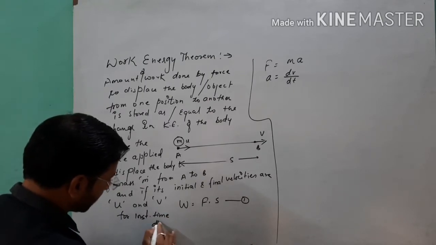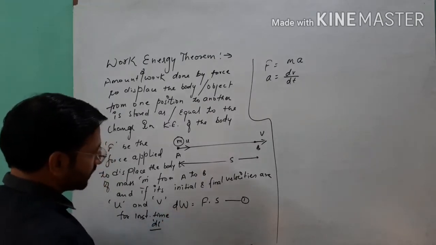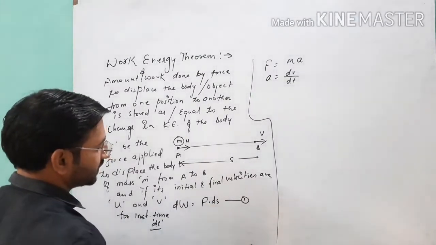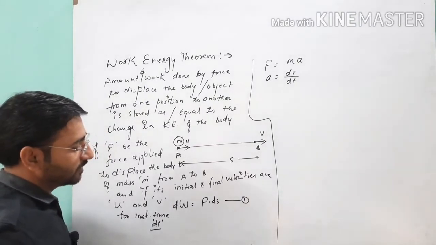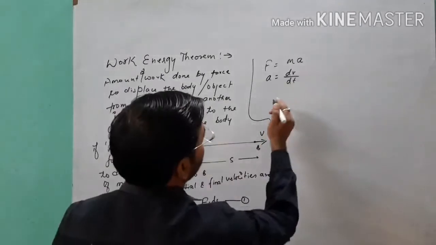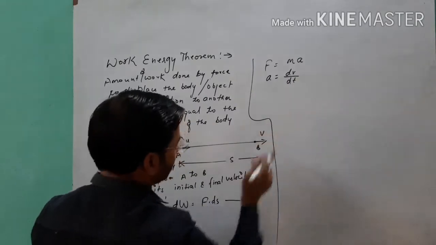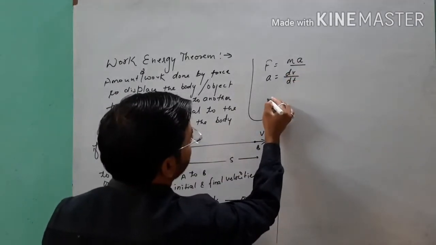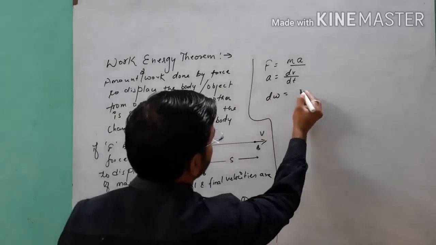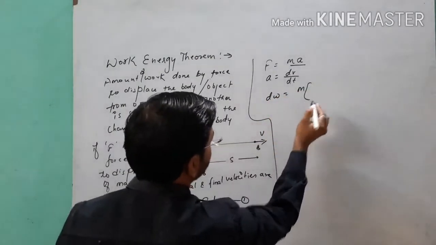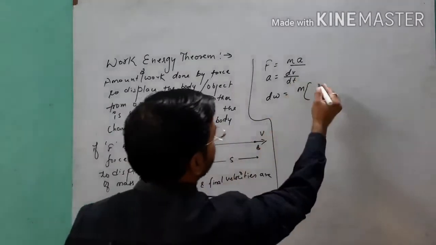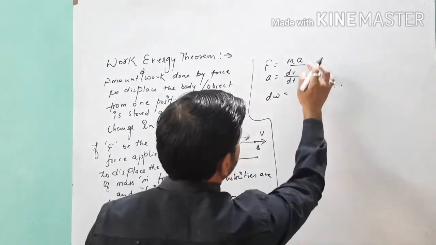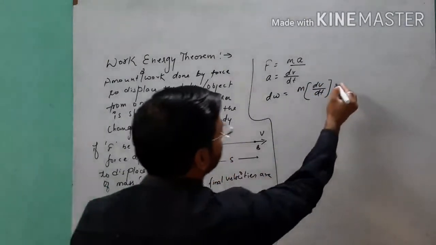So this work done will be dW, and this displacement is ds. Now we can replace F with m into dv upon dt, so dW is equal to m dv upon dt into ds.